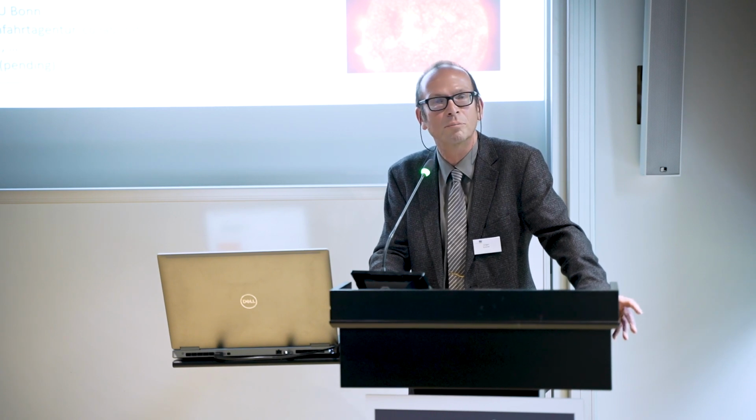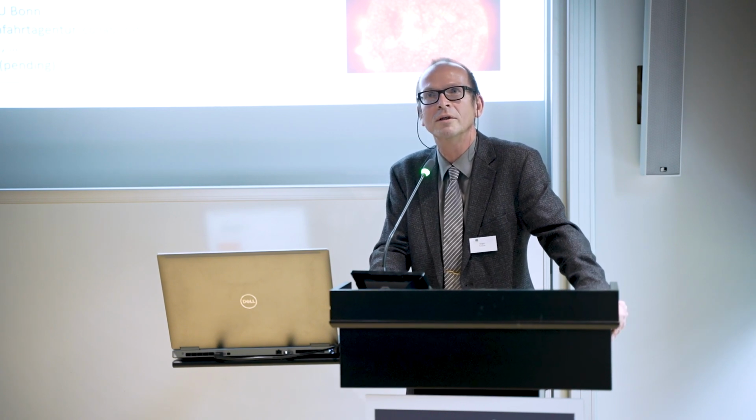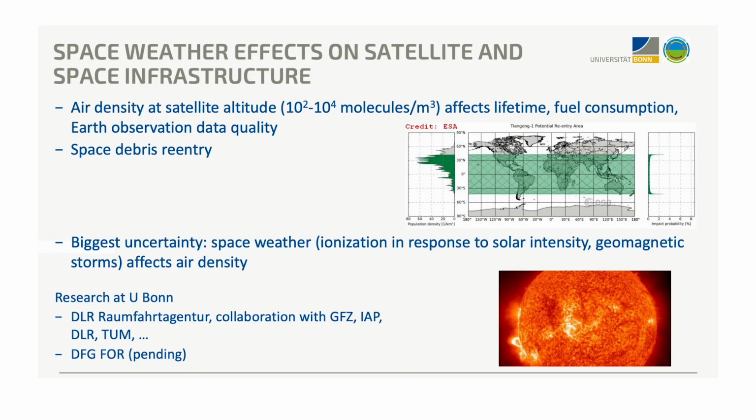Now, is that predictable? The problem is that the atmospheric density outside of the Earth is very much forced by the sun and by the magnetic field. So it's the solar electromagnetic and ultraviolet input, so to say. And this is very difficult to predict.